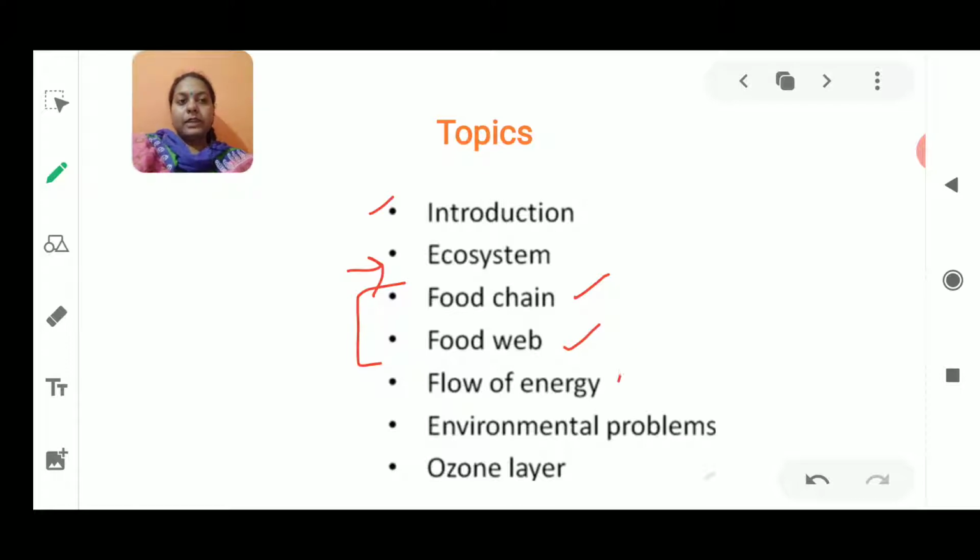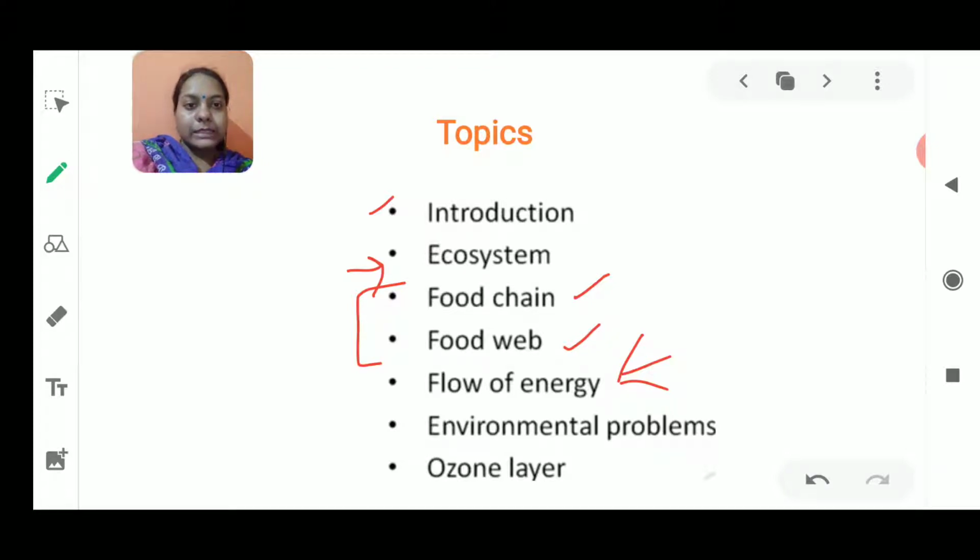Then we are going to include the energy pyramids and number pyramids, and many other pyramids which we are going to study in this part. Then we are going to see the environmental problems related to the use of environmental resources.